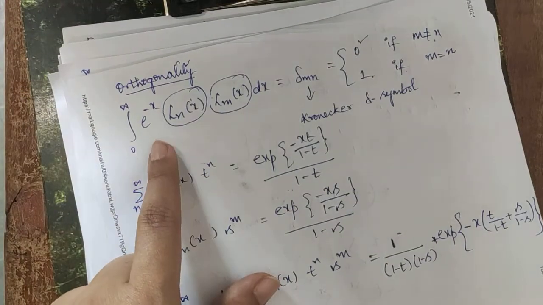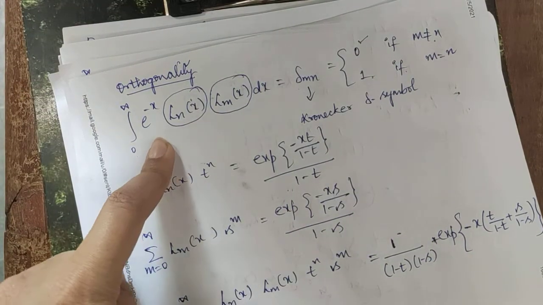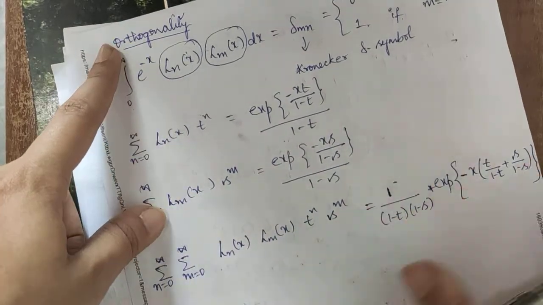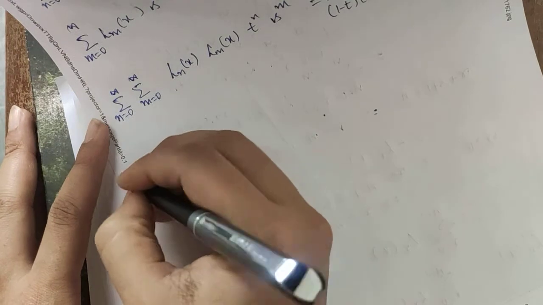So now I have to multiply e power minus x and I should integrate this whole term from 0 to infinity, right? So let's do that.